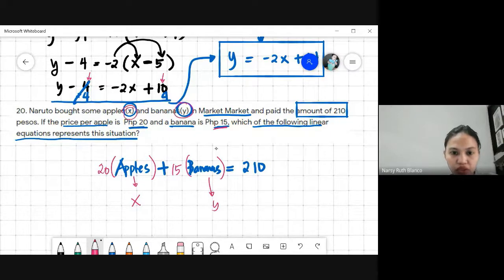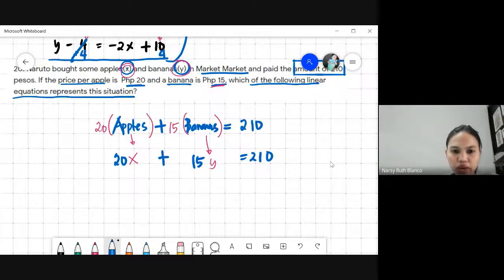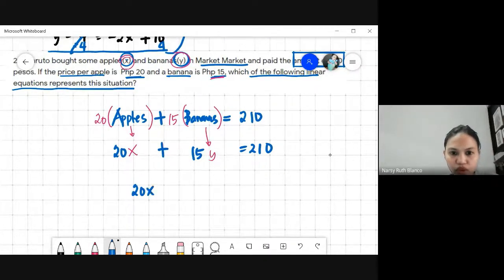Ayan, nakalagay doon, no? X and Y. So, copyhin lang natin. 20X plus 15Y equals 210. So, ayusin lang natin pagkasulat. Masyadong magkahiwalay. This would now be the equation that represents the situation. Okay.